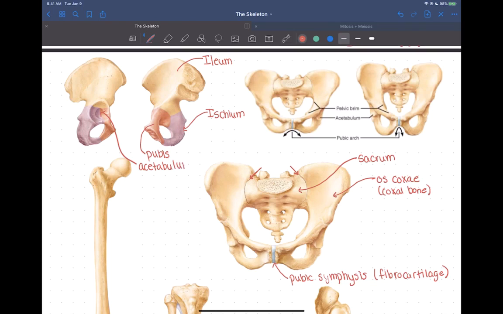It's a nice open socket that the femur fits into. The head of the femur would just fit right into that acetabulum. We can see it slightly from the side here, right there. So that femur would fit into the acetabulum there.